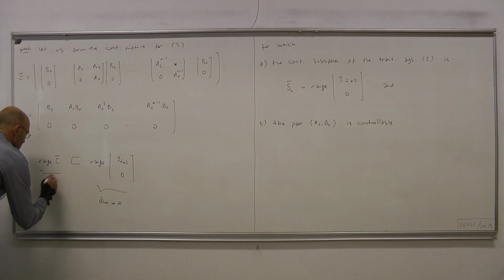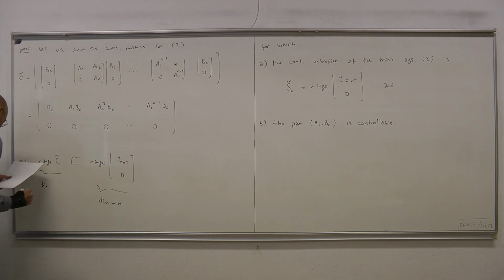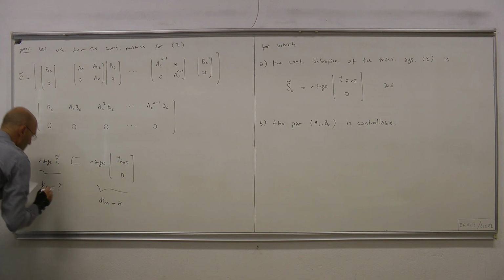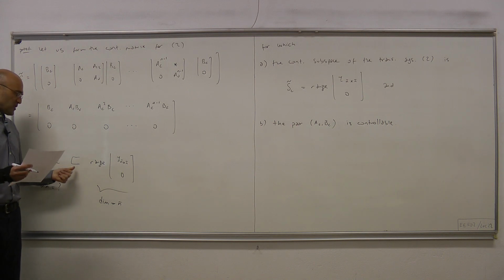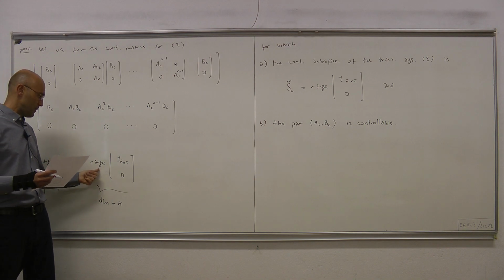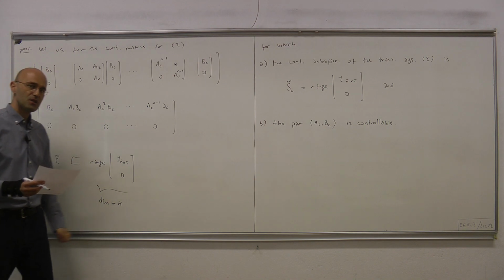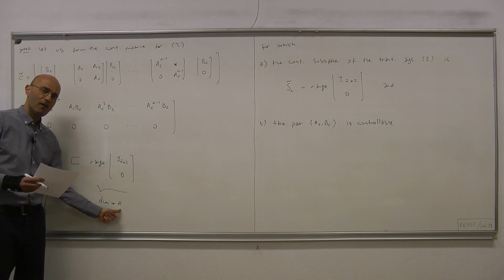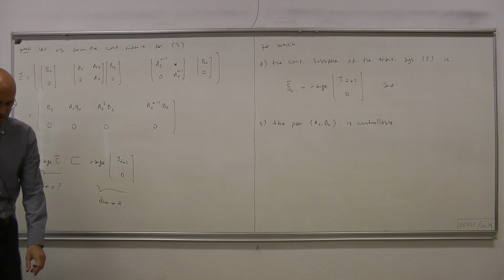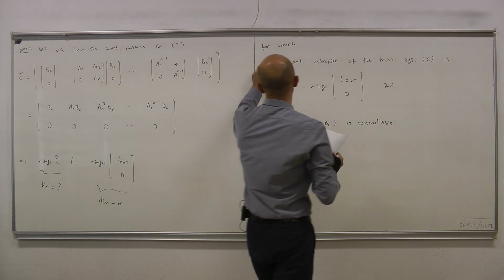And how about the dimension of this matrix? Well, since this subspace is a subset of that subspace, the dimension of this subspace can be at most n bar. Now let's try to be more precise about that number.